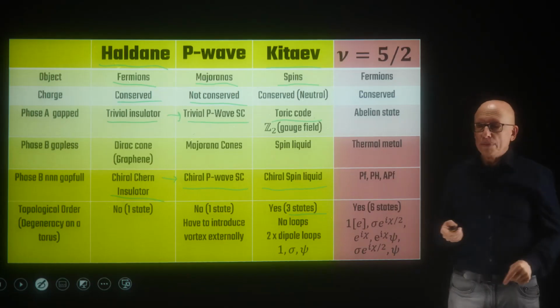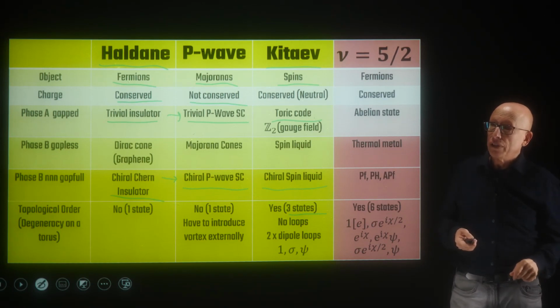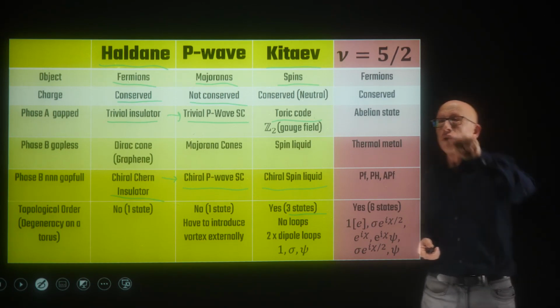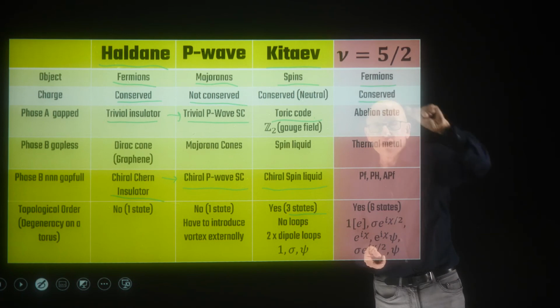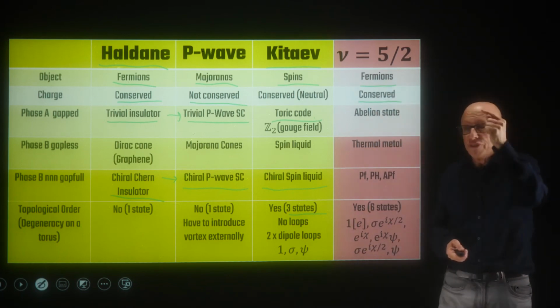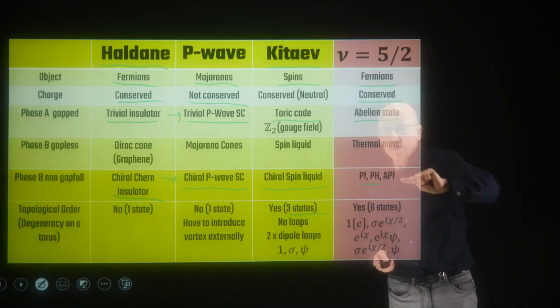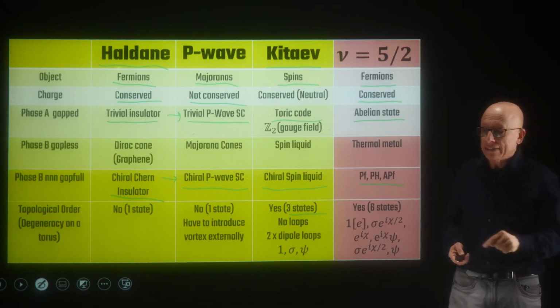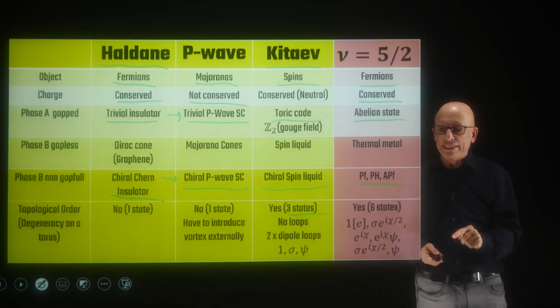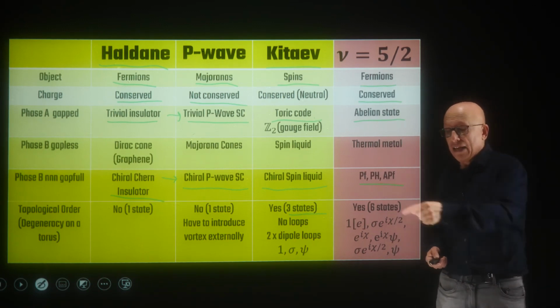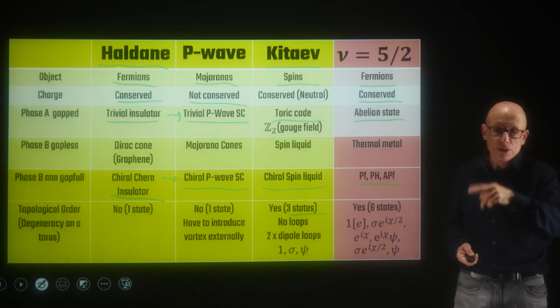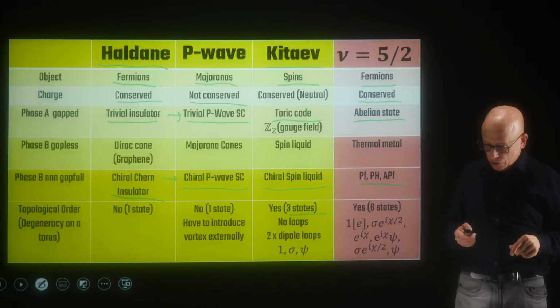And the last step that we just introduced now is the ν = 5/2 state. Now we have fermions. Their charge is conserved. And they may form either abelian states or non-abelian states. And in the non-abelian case, there is a ground state degeneracy of 6, with the charge being a multiple of quarter charge.